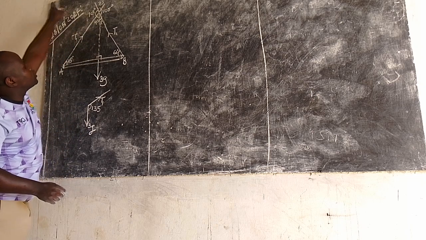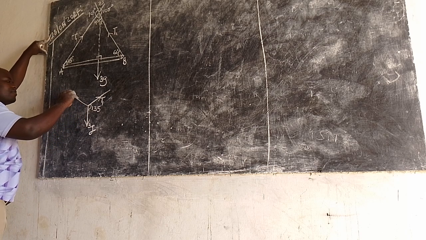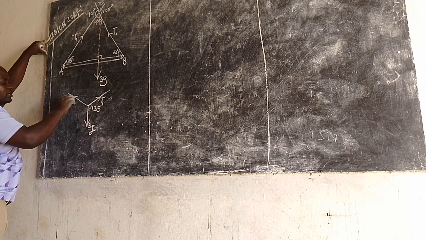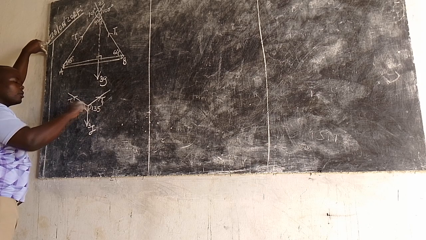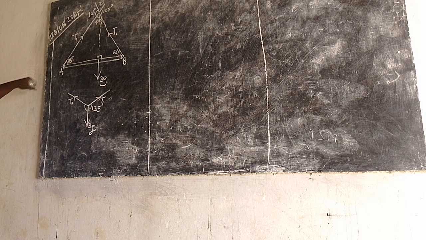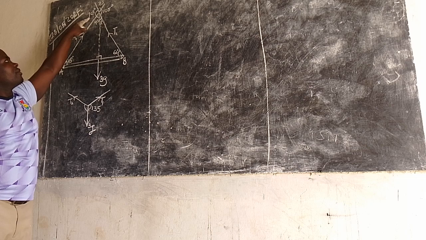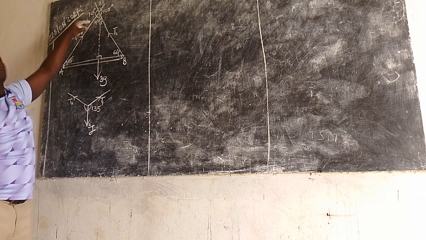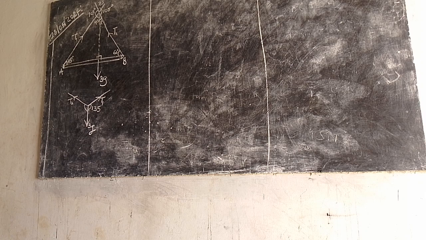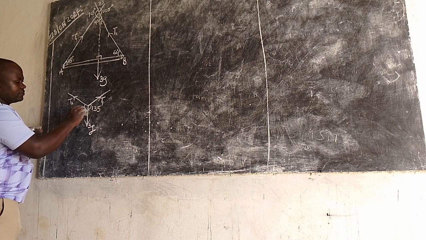And then this is T2. This angle is 45 plus 105. Are we together? 45 plus 105 gets us 150 degrees.